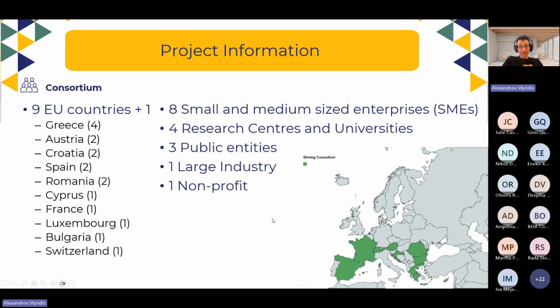We have a quite interdisciplinary team with people from different backgrounds, experience and expertise, mainly skilled in several aspects of road safety and traffic management. As you can see, the involved partners cover a wide variety of public entities, research institutes, non-profit organizations, and SMEs.